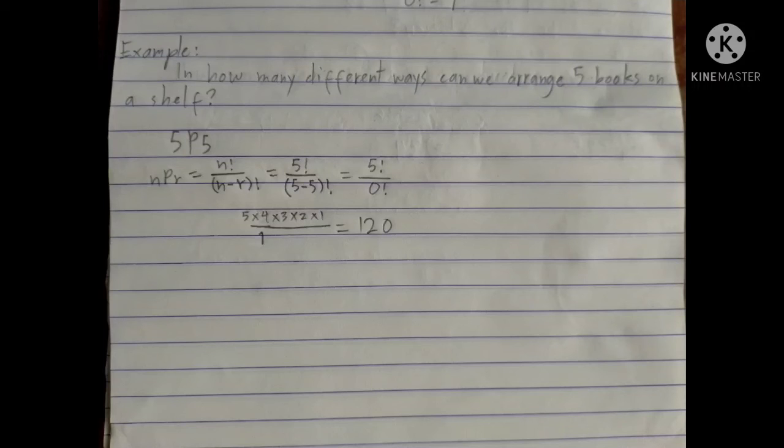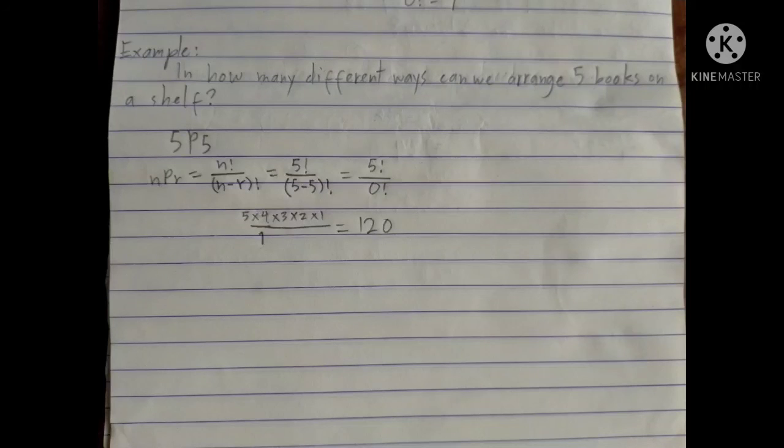So our solution would be 5! over (5 minus 5)!. Now 5! will remain the same, while 5 minus 5 will change into 0!.